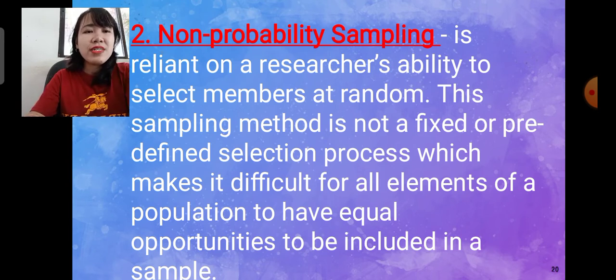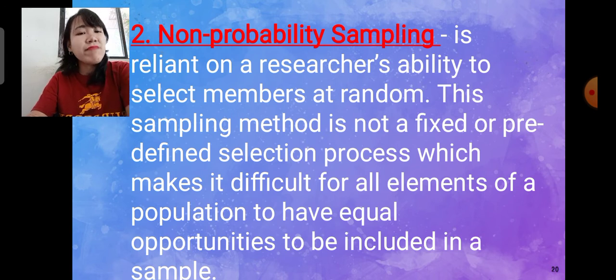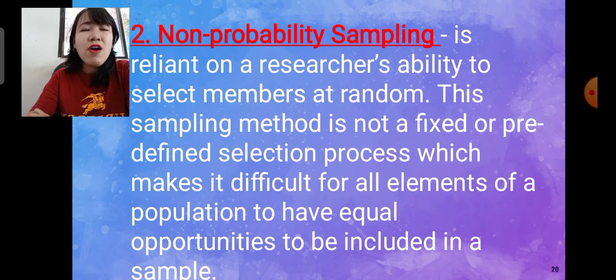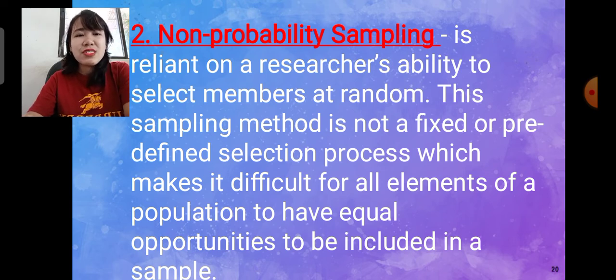This sampling method is not a fixed or predefined selection process, which makes it difficult for all elements of a population to have equal opportunities to be included in a sample. So, that is the meaning or the definition of non-probability. So, not fixed, yun ang tinatawag sa kanya. And then, hindi masyadong dinidefine kung anong process ang ginamit for your research.